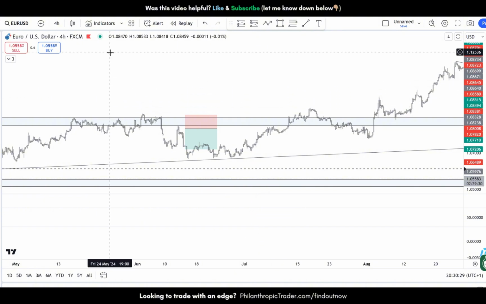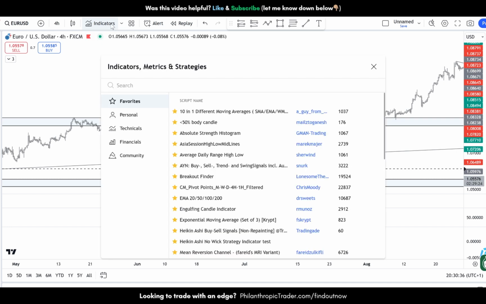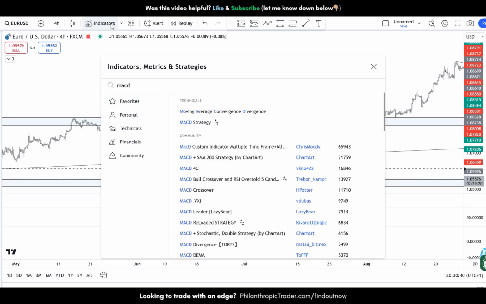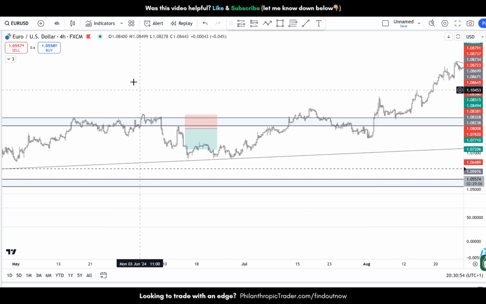And we use an indicator on TradingView, which is really popular. So let me see. I go to the indicator tab and I look for the MACD strategy. It's really simple, because if you tweak the settings a little bit, you will get amazing results. So you click on this. I've already clicked on it.